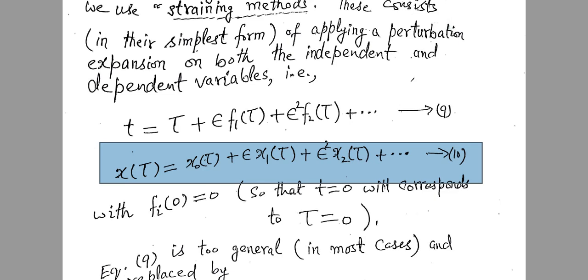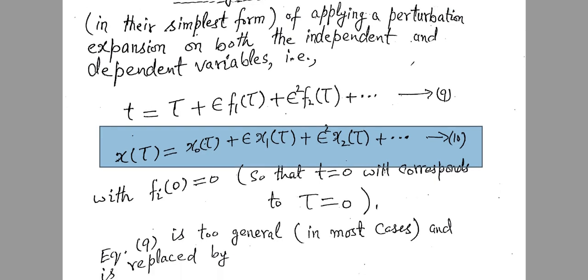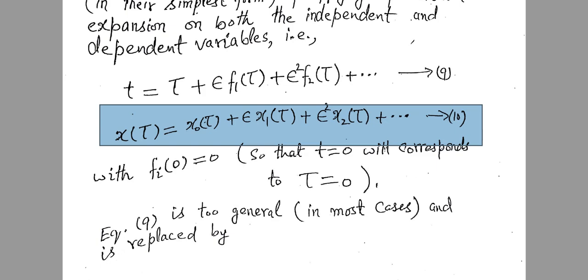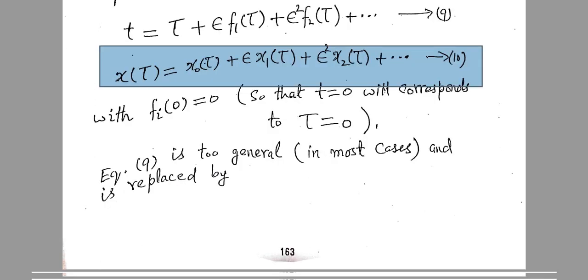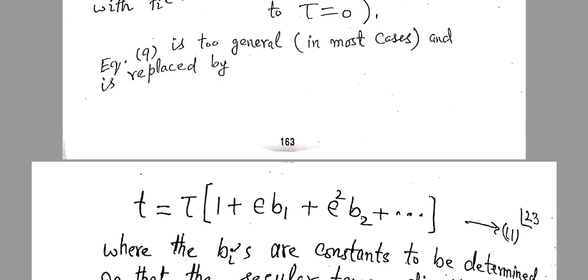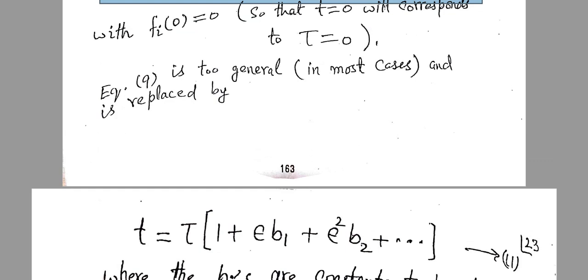I told you that equation number 9 is the most general form. However, in our solution of the problem, equation 9 is replaced by equation number 11, which you can see over here.